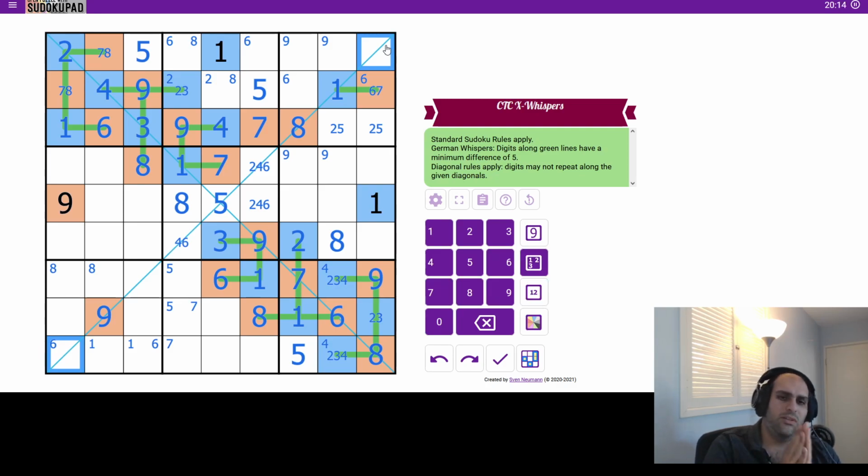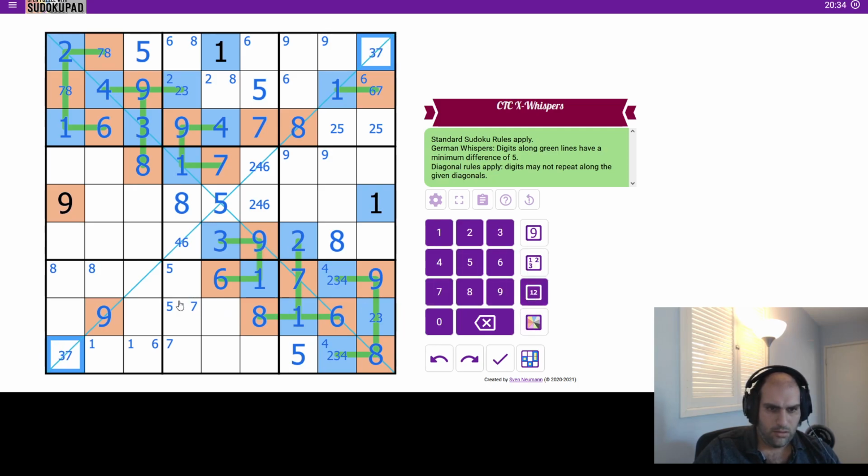So what numbers do I have to place? 2, 4, 6, 7, and 3? And these two are the only spots that 3 and 7 have to go. So this is a 3-7 pair, because this square is not 3 or 7.